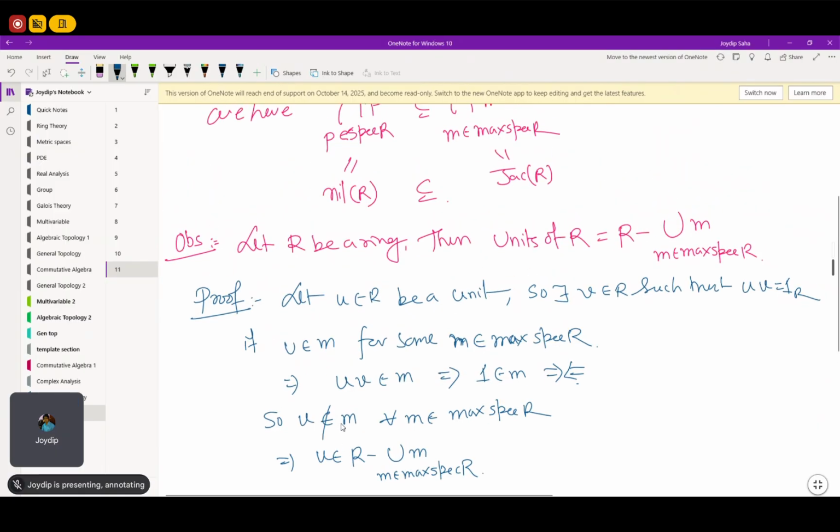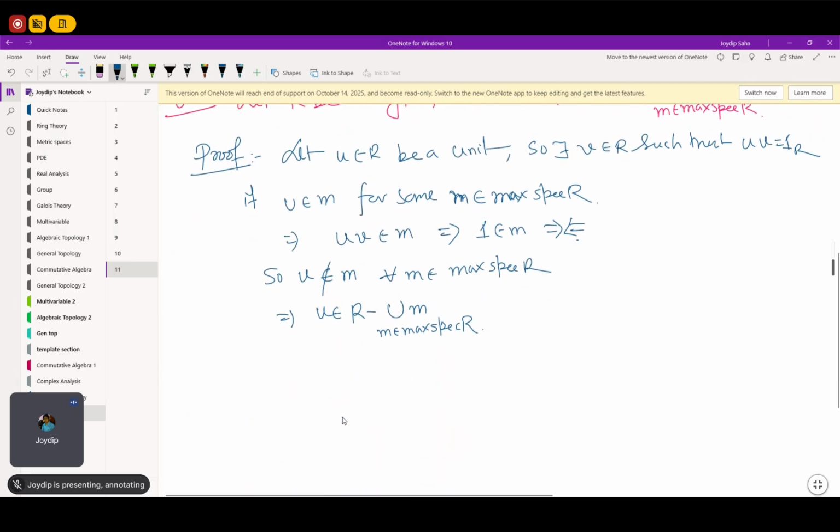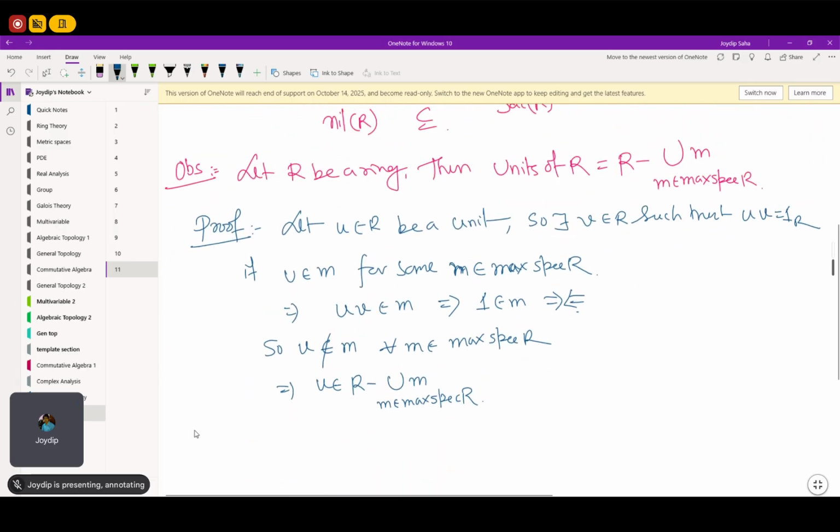Next, suppose a belongs to R is not a unit. This implies 1 does not belong to the ideal generated by a, which is {ax such that x belongs to R}.